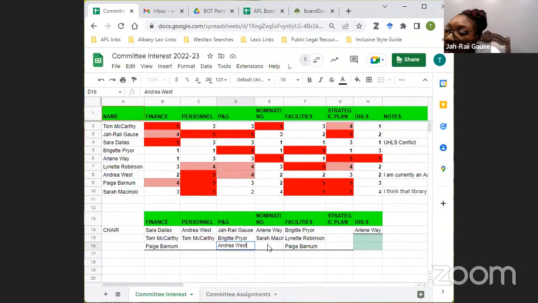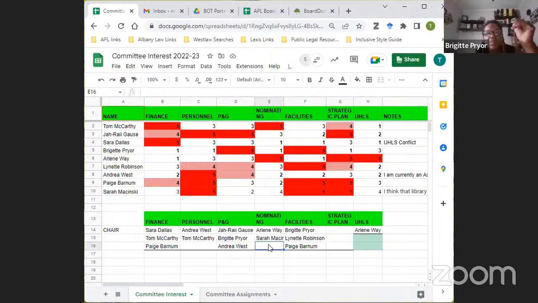For those two, we put Andrea on personnel because she had a 5 there, and Lynette had a 5 in facilities, so we put her on facilities. So it's kind of a tie for P&G between Lynette and Andrea, because they both have 4s for P&G.